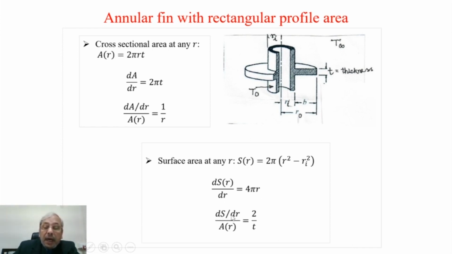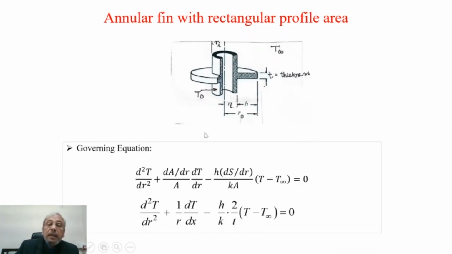So (dS/dr)/A is 2/t. So these are the parameters we will be needing: (dA/dr)/A and (dS/dr)/A.